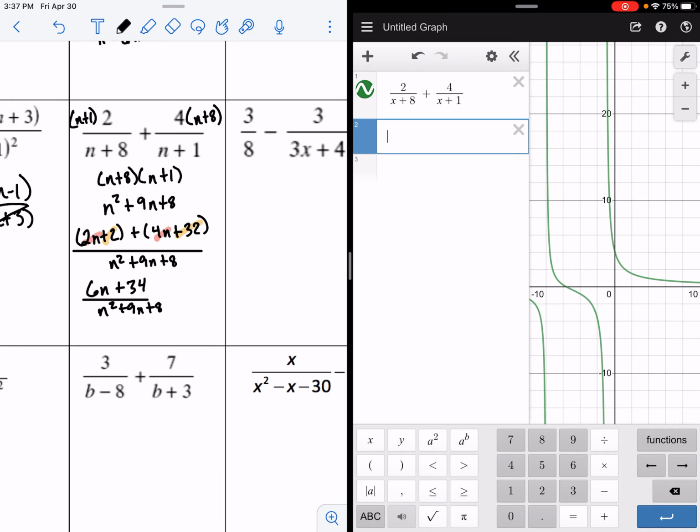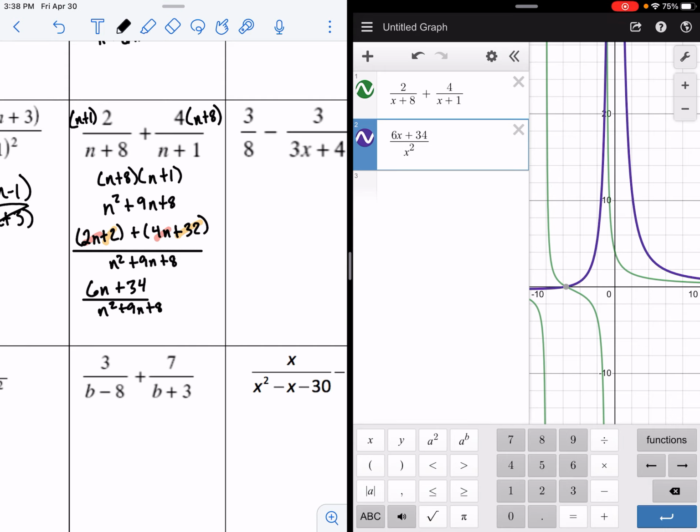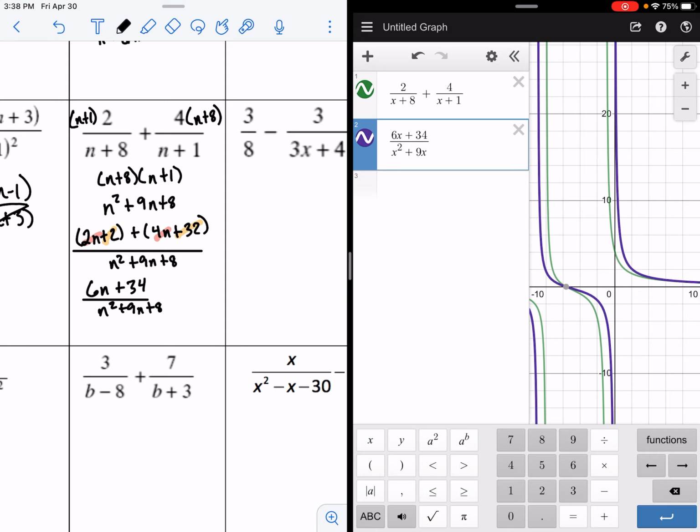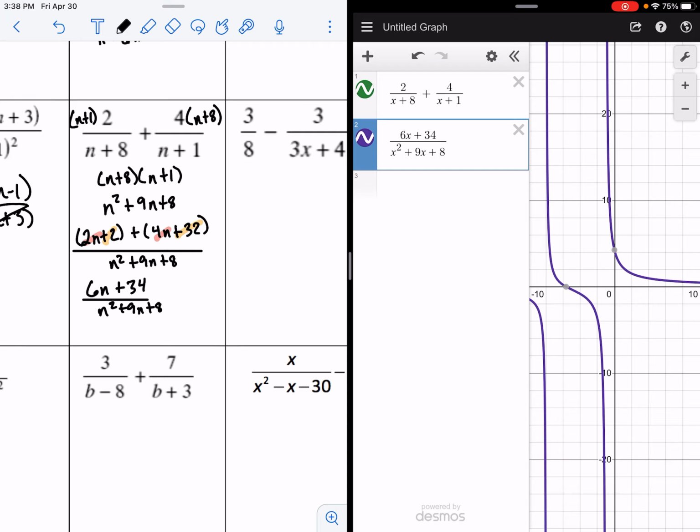Type your answer choice in Desmos. I don't care how the graphs look. What I care about is that the graphs overlap. If the graphs overlap, you performed the operations correctly.